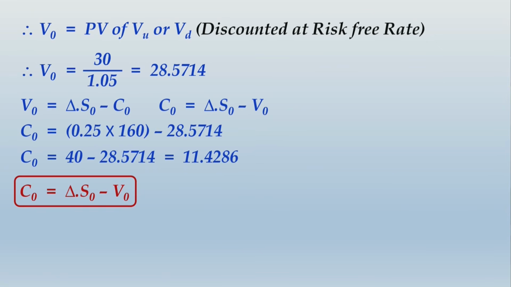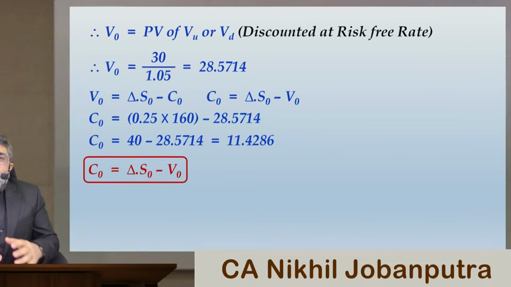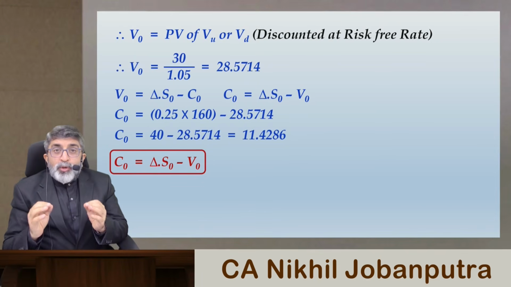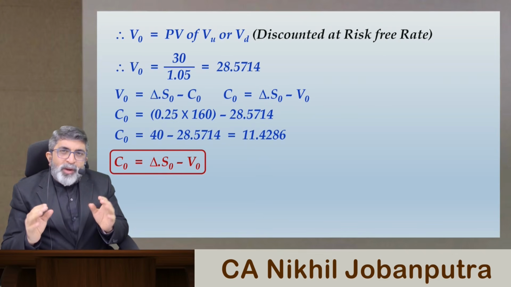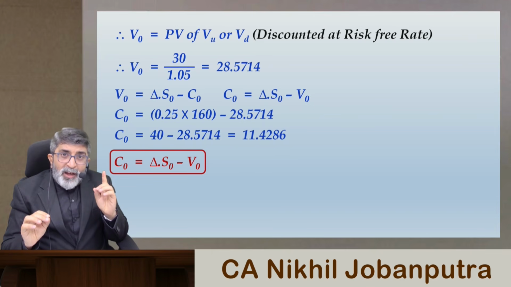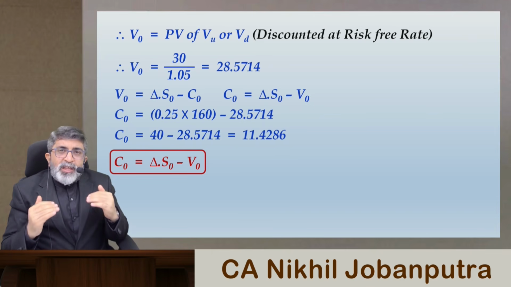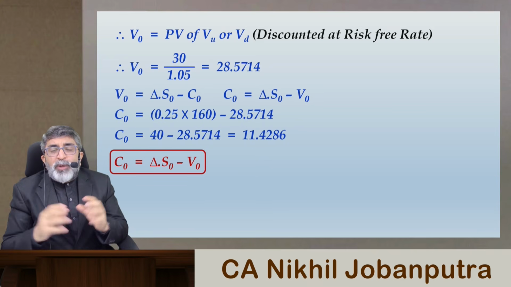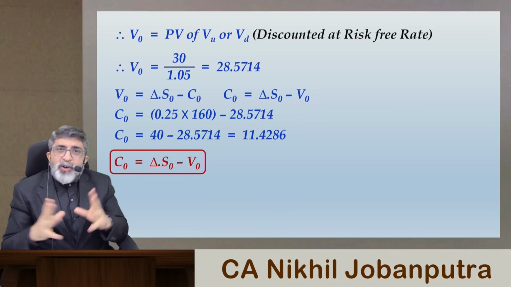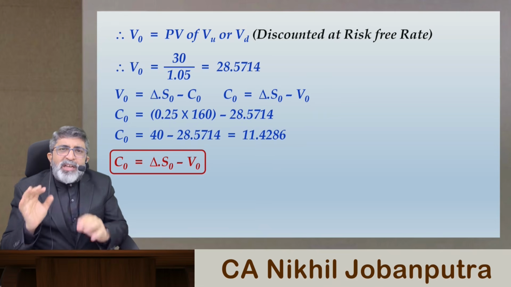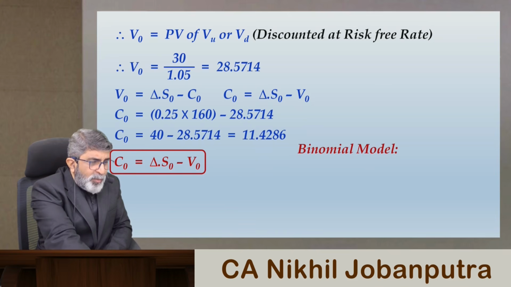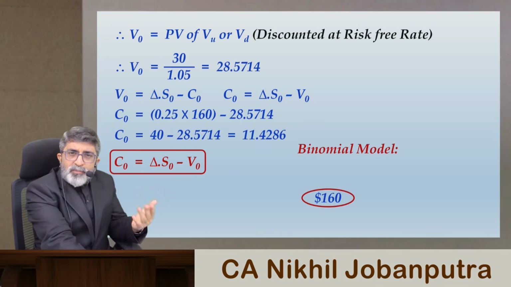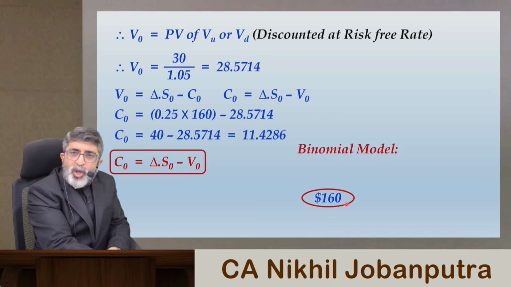Now, talking about the transition from the binomial model to BSM, that is the Black-Scholes-Merton model, you have to understand certain fundamental things. If you can understand this part, your entire learning of BSM will become extremely comfortable. What happened in a binomial model, particularly in a single period binomial model, is that there is a share currently priced at $160.